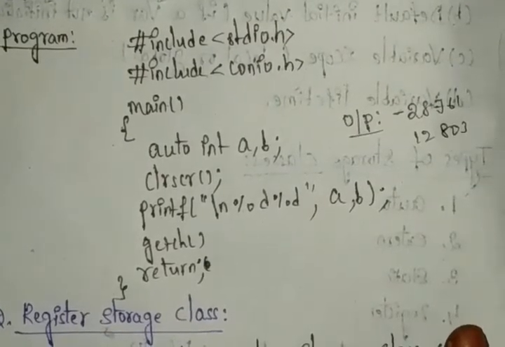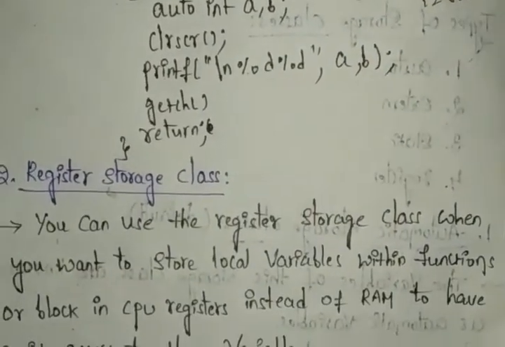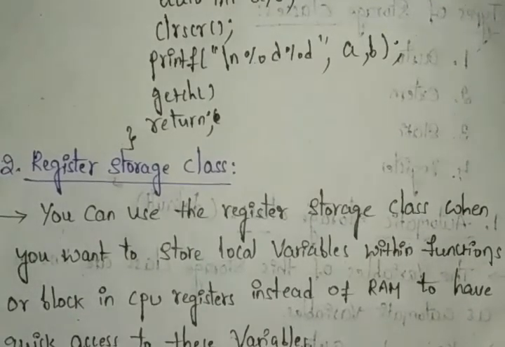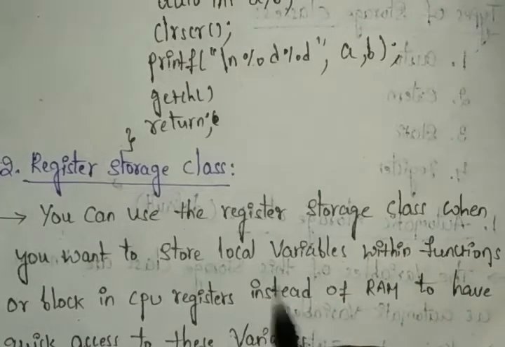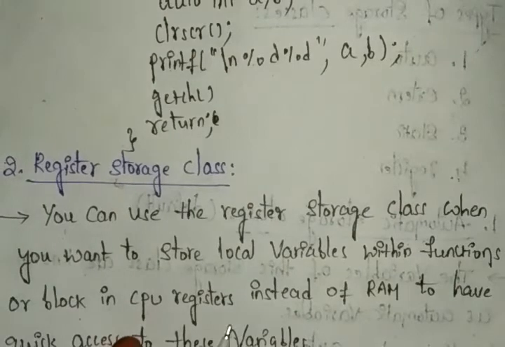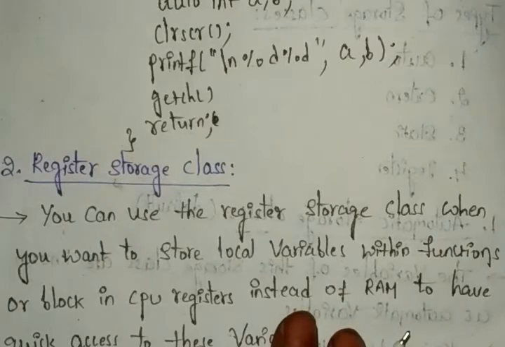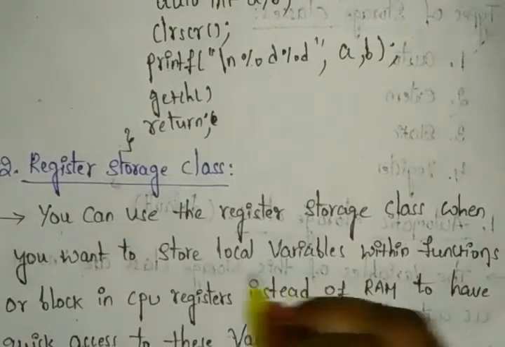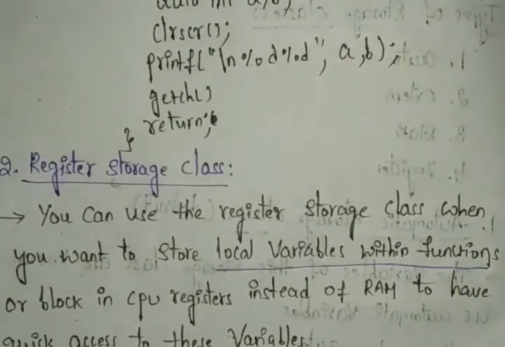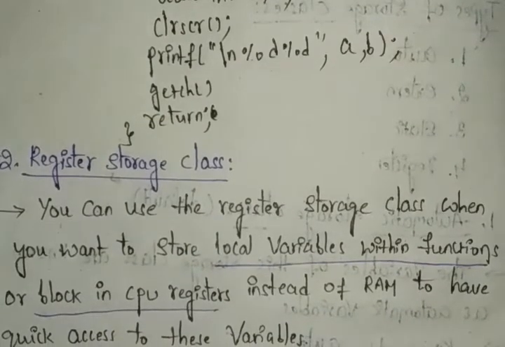And next we have the register storage class. The register storage class is used when you want to store local variables within functions, or else a block, in CPU registers.